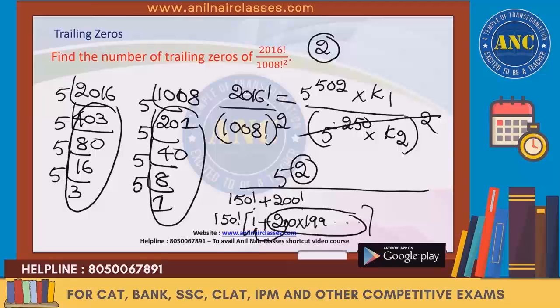Any number divisible by 5 plus 1 is not a factorial, it is just a natural number of the form 5k plus 1. 6 is 5 into 1 plus 1, it will not have any power of 5. 11 is 5 into 2 plus 1, it will not have any power of 5. I hope, Ambika, it is clear to you.